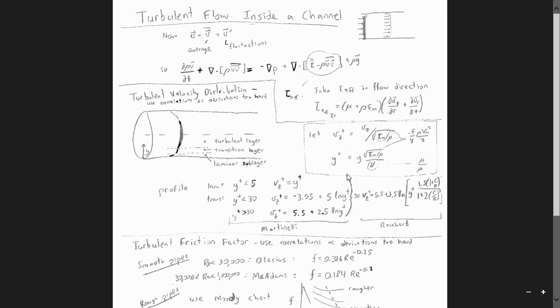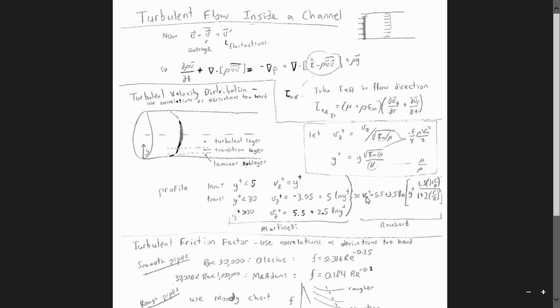If you want to combine these all into one equation, that would fit a little bit better. That's what Reichert did. So these three zones being modeled independently is the Martinelli model. These three zones being combined in one equation is derived to fit them fairly well.